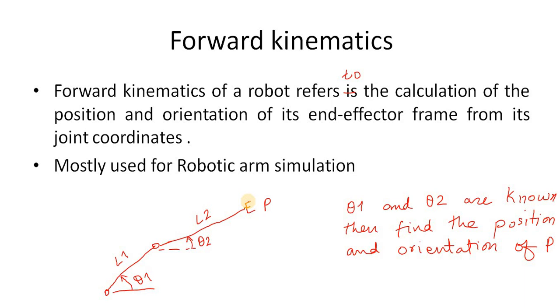Okay, so simulation means you mathematically simulate the behavior of a real robot, and for simulation purposes, if you give the robot some kind of input, it starts moving, and then it reaches the corresponding location or position with reference to your input. So forward kinematics is mostly used for simulation.